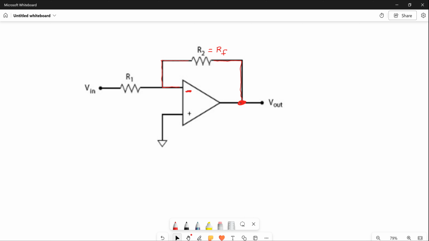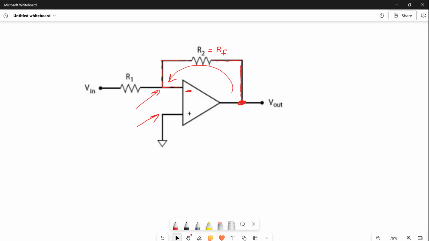So it takes a portion of the output voltage, in this case, and it feeds it back in this loop to the inverting input. That's called negative feedback. The whole reason for that resistor feeding the voltage back is to make the voltage at the negative input and the voltage at the positive input identical.